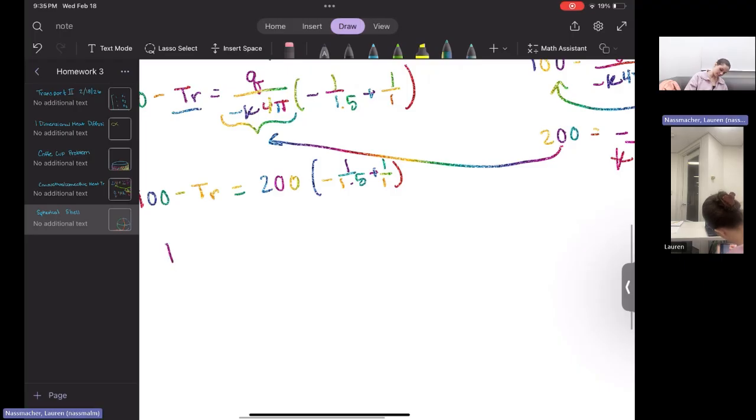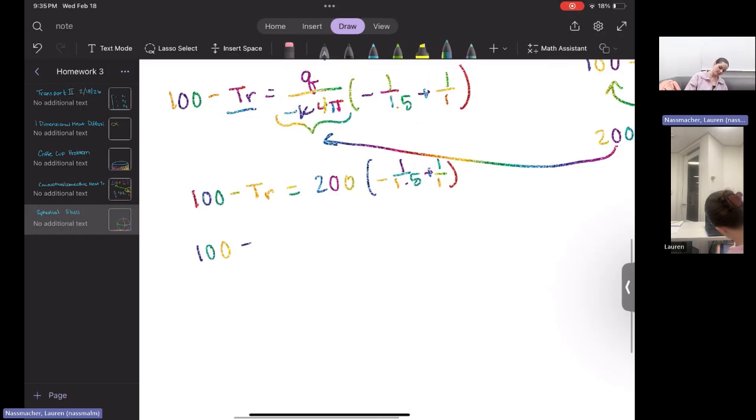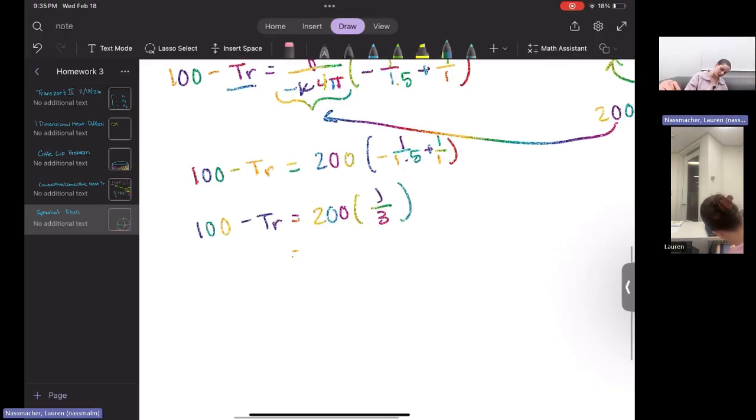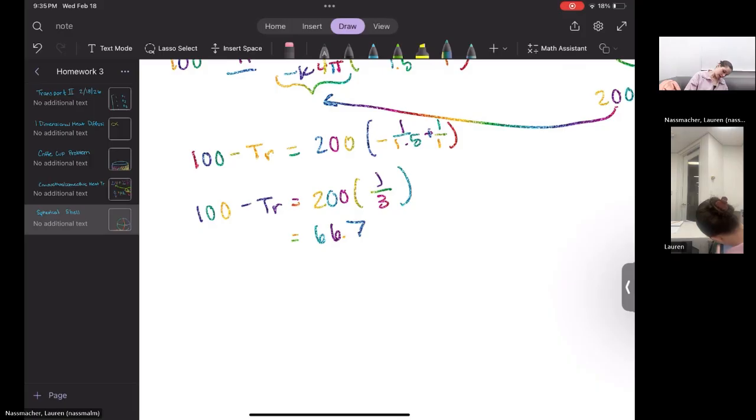So we have 1/3 multiplied by 200, which is 66.7. And we're going to subtract our 100 over, and then take that negative and pull it over there.